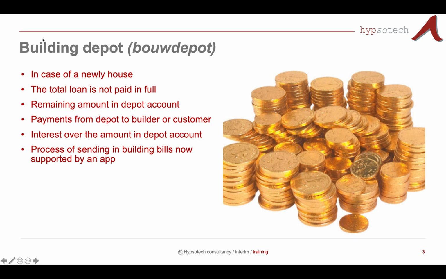When the house is finished, we check if the building depot is empty, and if not, either the money is given to the consumer, or we use it to do an extra repayment on the loan.